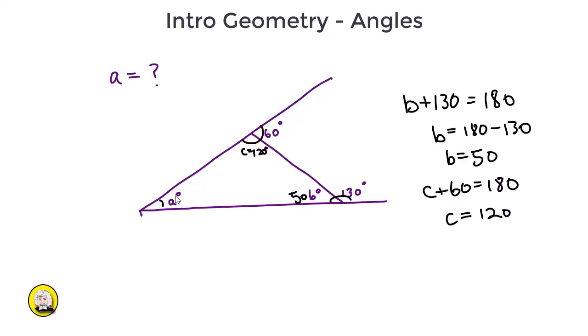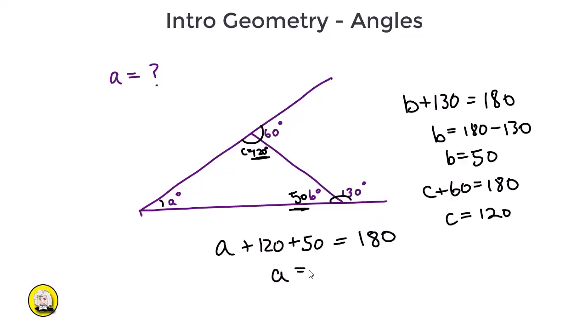Now I can solve for A. I know I have 3 interior angles of a triangle, 2 of which I've derived, actually, numerical values, so I can solve for A. A plus 120 plus 50 equals the sum of the interior angles of a triangle, which is 180 degrees.